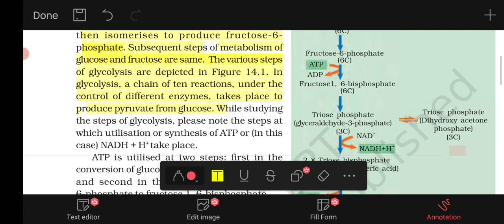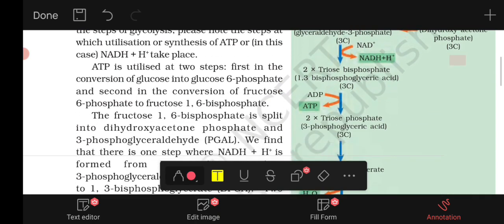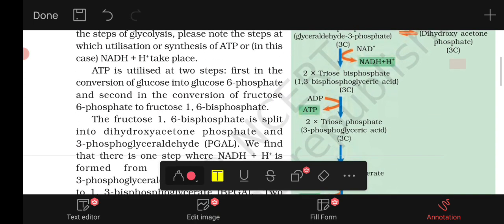It is converted into 1,3 bisphosphoglyceric acid, and NADH is synthesized here. Since there are two molecules, there will be synthesis of two molecules of NADH.